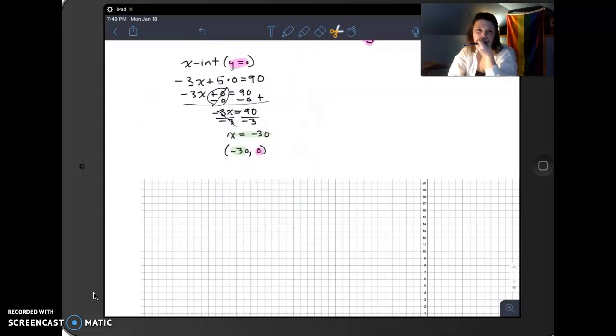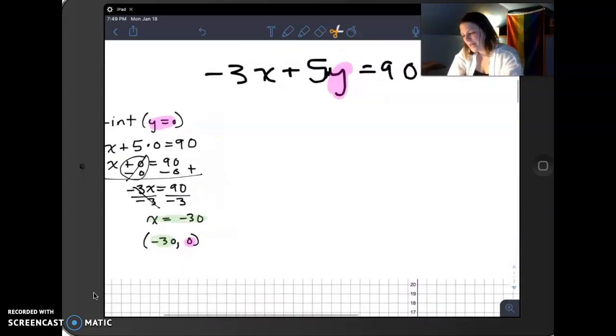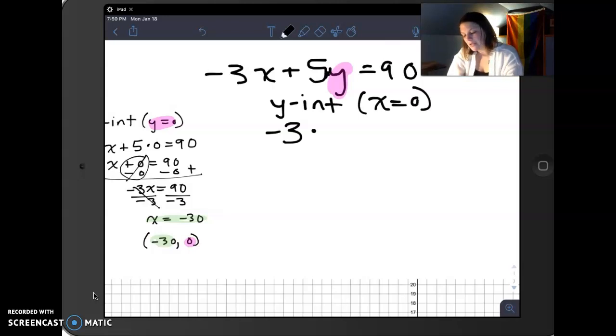Okay, so now I'm going to show you how to do the y-intercept. It's exactly the same way, but I'm going to show you a little trick. So we have negative 3x. We have to plug in, this is the y-intercept, and this is when x equals 0. So 3 times 0, right? The x is 0 when we're finding the y-intercept, plus 5y is equal to 90.